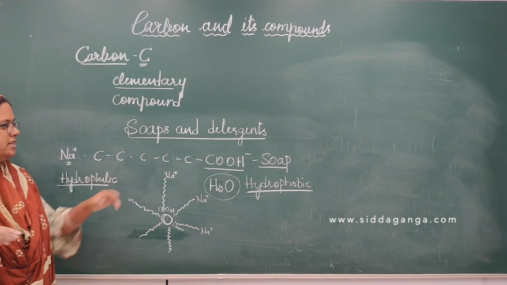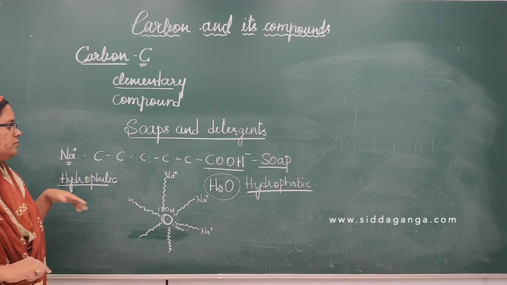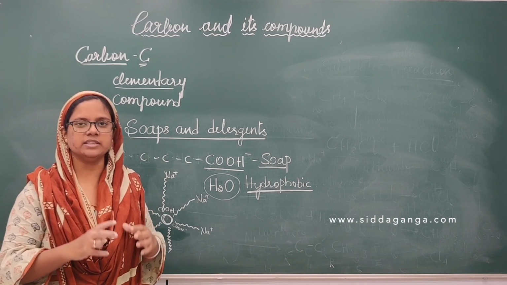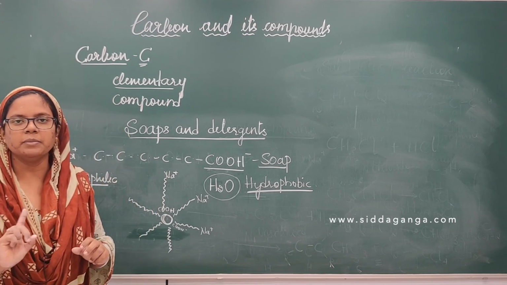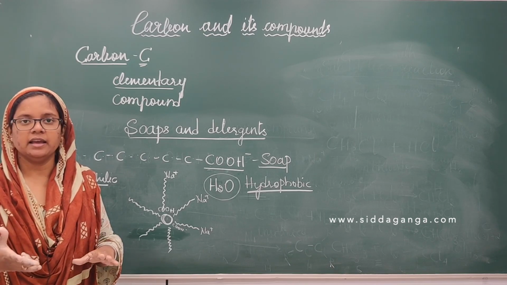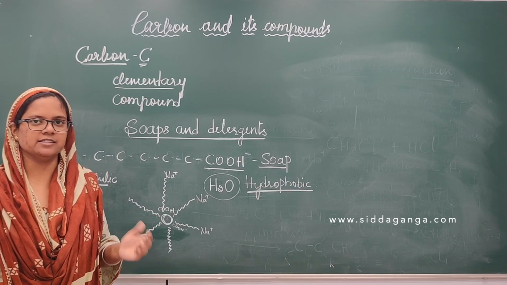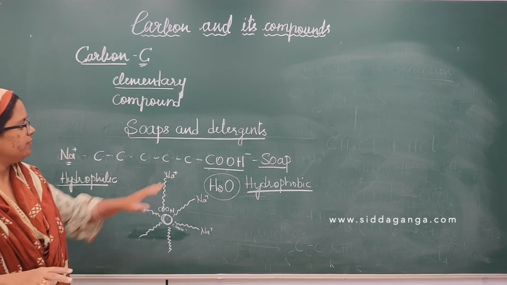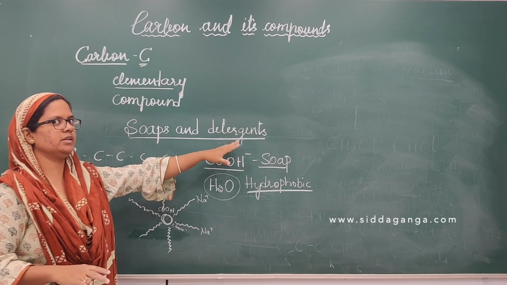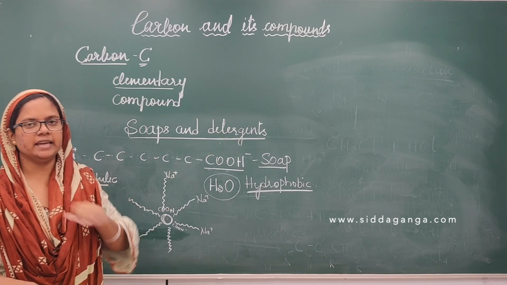Similarly, there we find sulfonic acid and sodium group. So that will dissolve the dirt so easily in it, and that will not form any insoluble substances called scum, and it will clean the cloths or the materials. So in general, we use detergents for that purpose. Generally, this is a petroleum product and acts as a very good cleaning agent.